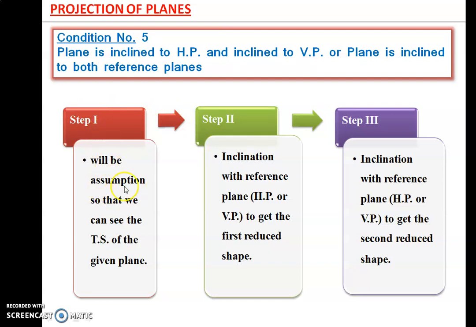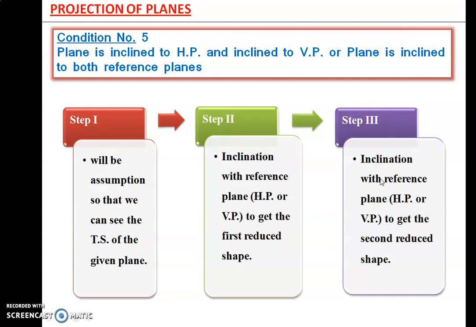It is nothing but assumption so that we can see the true shape. What is step 2? It is inclination with the reference plane, either with HP or VP depending on the condition of the problem given, so that we can get the first reduced shape. So the inclination in step 2 will give you the first reduced shape.